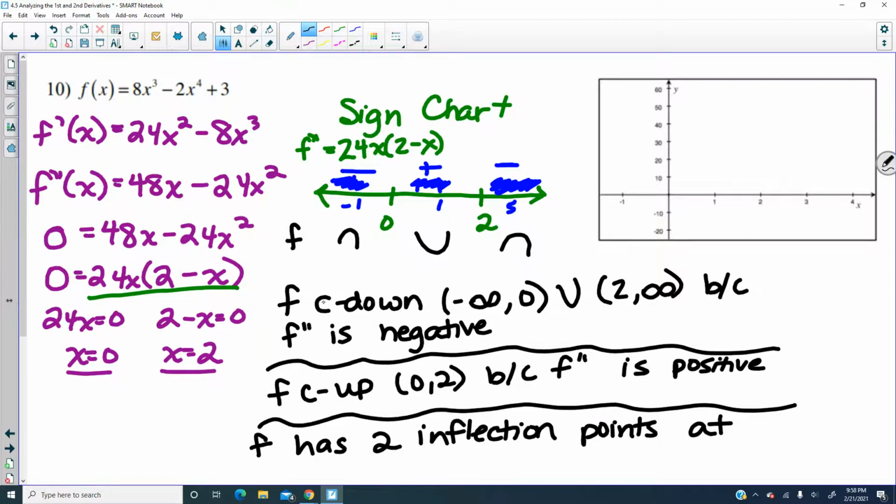Let's just say f has inflection points at x equals 0, where there's a change from negative to positive, and at x equals 2, where there's a change from positive to negative, because f double prime changes signs.